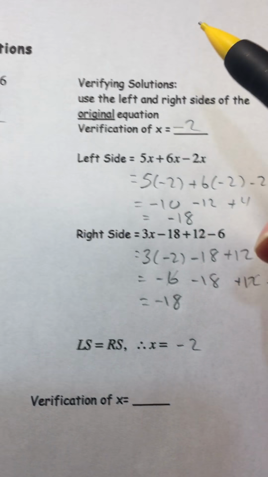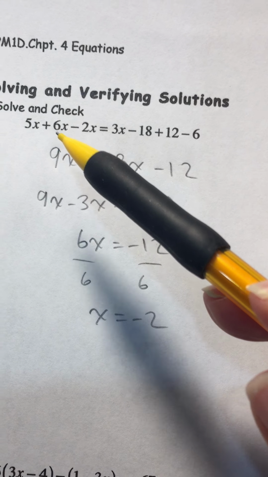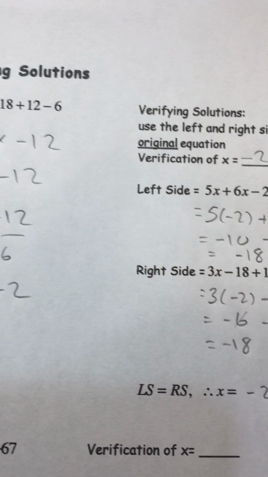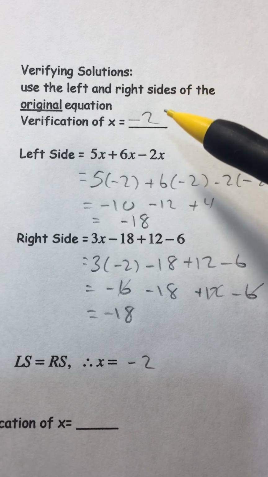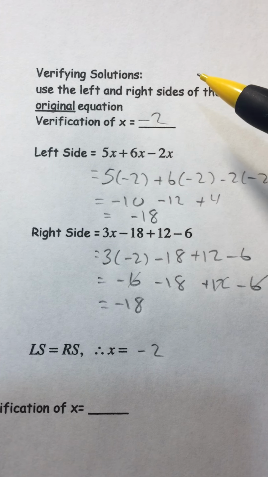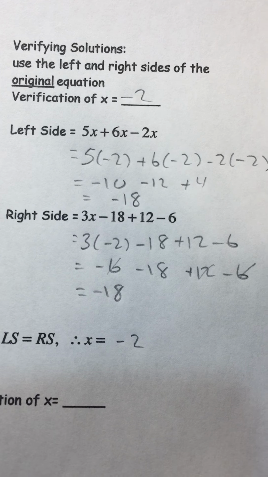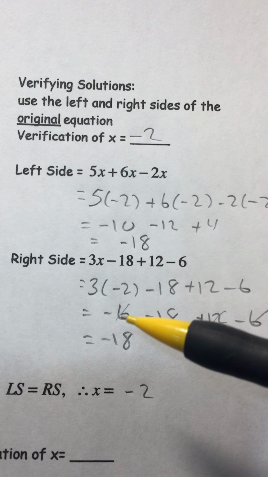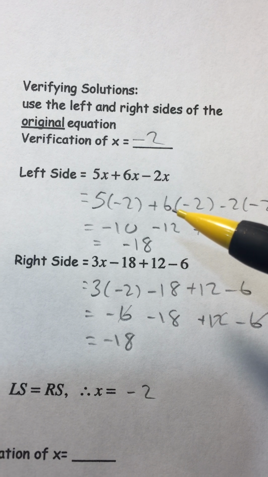Sometimes you'll get a question on a test where they'll say, so-and-so solved this equation and they got this answer. Verify that it's correct. They haven't shown you how they got the answer. You could also redo it yourself, but they want you to plug into the left side and the right side. And if the two sides don't match, double check that you didn't make a mistake.